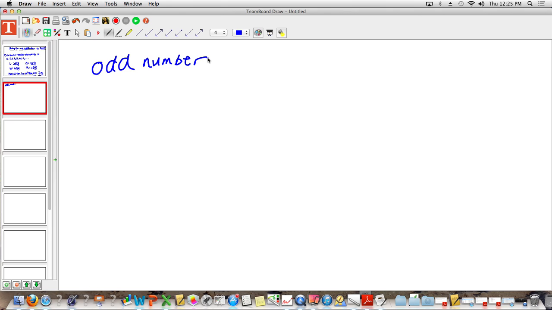A number that's not divisible by 2. Very good. So an odd number is not divisible by 2.